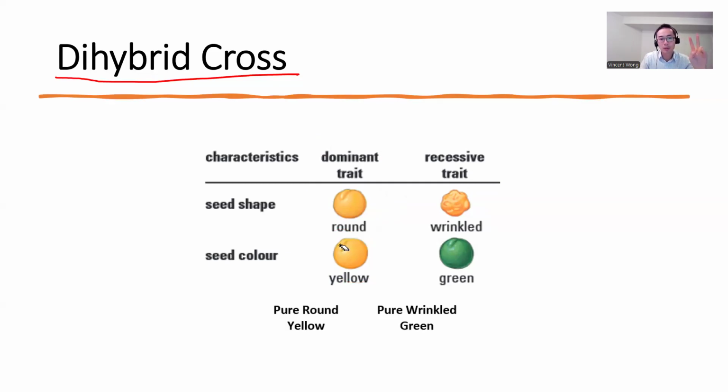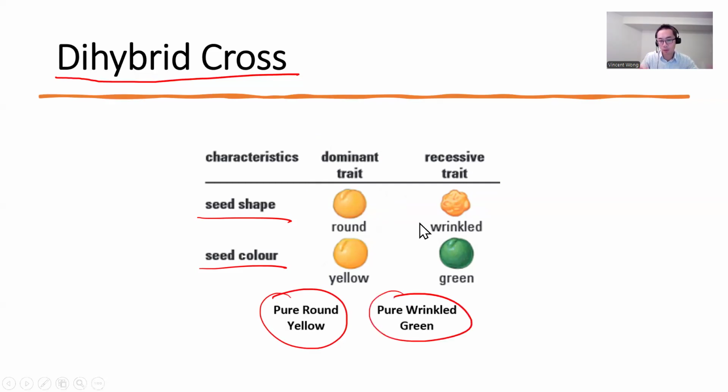So the two traits we're looking at would be seed shape and seed color. Let's start with pure round yellow and pure wrinkled green. So the parent generation, everything is pure. And in case you missed the last class, how did he know that these parents are pure for round and pure for yellow? He would look at the plant and self-pollinate the plant for a couple of generations.